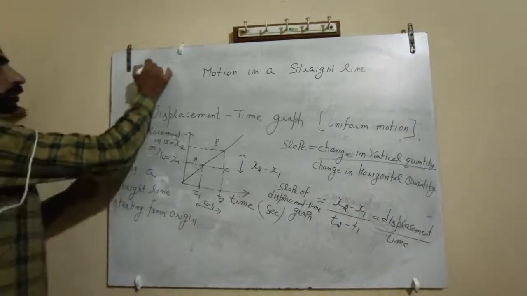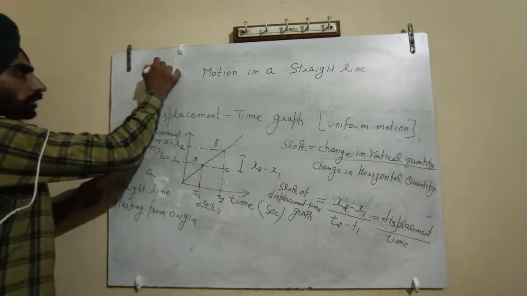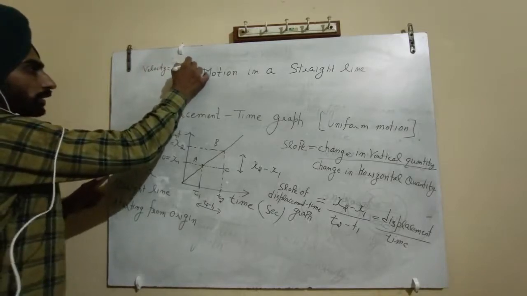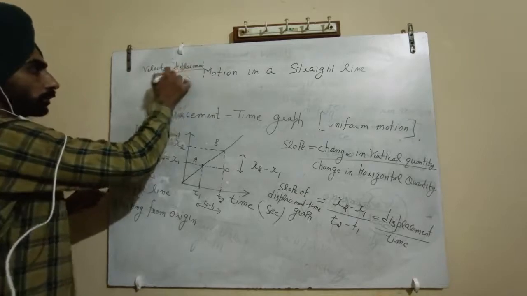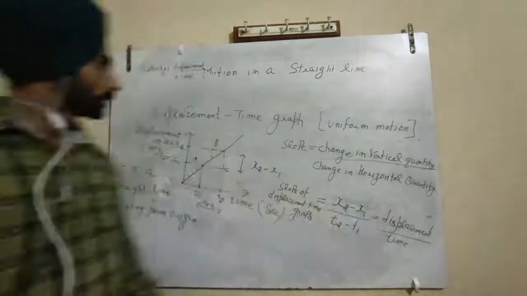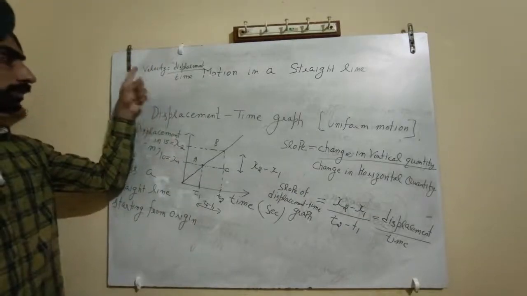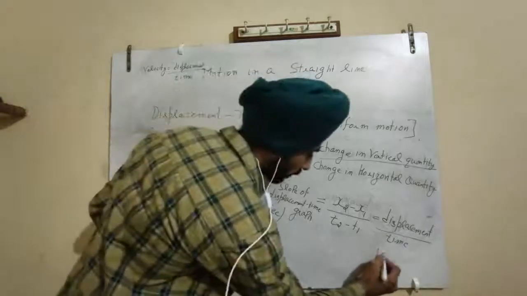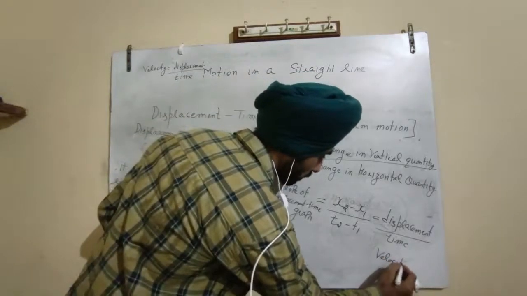So remember this formula: velocity is equal to displacement upon time. This is also displacement upon time, and this is also displacement upon time. We can write velocity in place of displacement upon time. Here you can write the velocity.